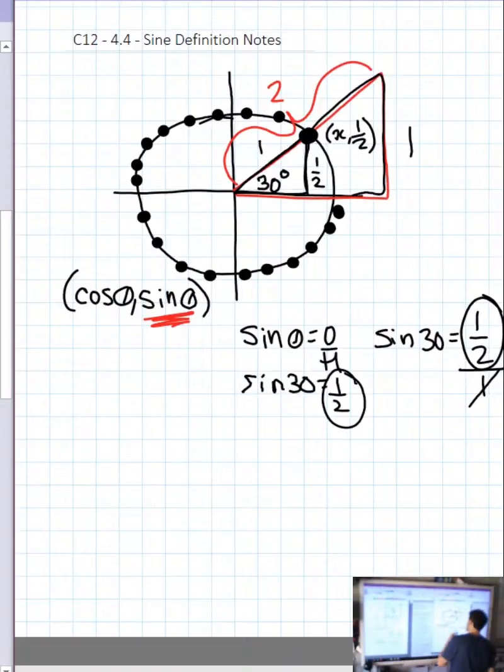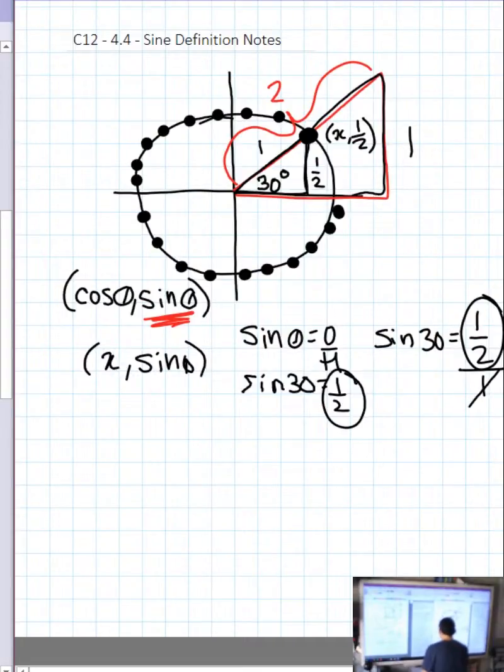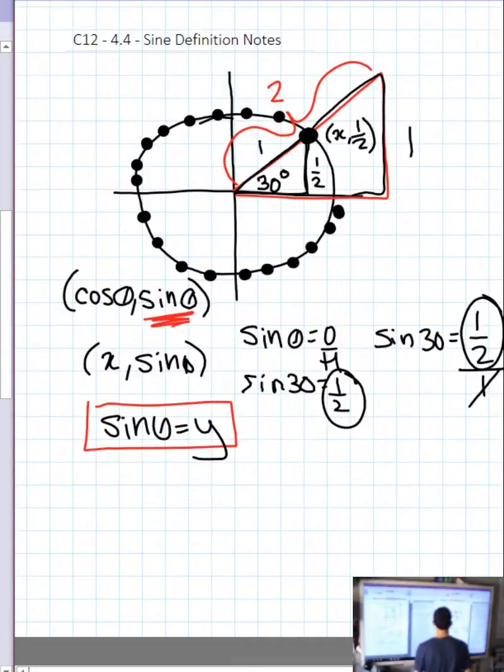So again, if I ever have a triangle with a hypotenuse of 1 in the unit circle with an angle of 30 degrees, sine is just the y value. So my point is just x, comma, sine theta. And our new definition, sine theta equals y. This is the actual definition of sine theta.